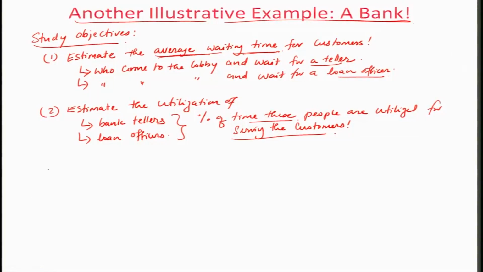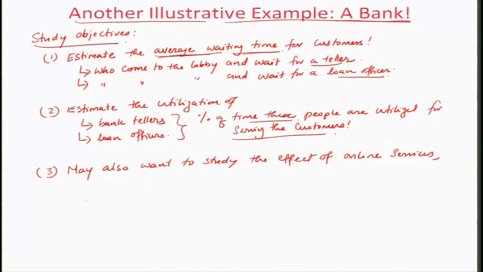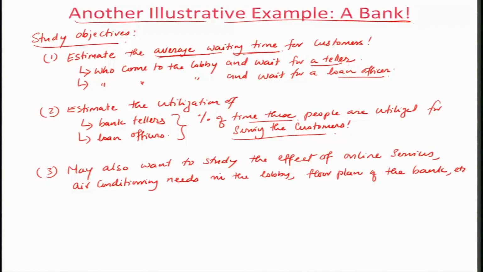Then you can say 3, may also want to study the effect of online services, air conditioning needs in the lobby, okay, floor plan of the bank, etc. Okay.